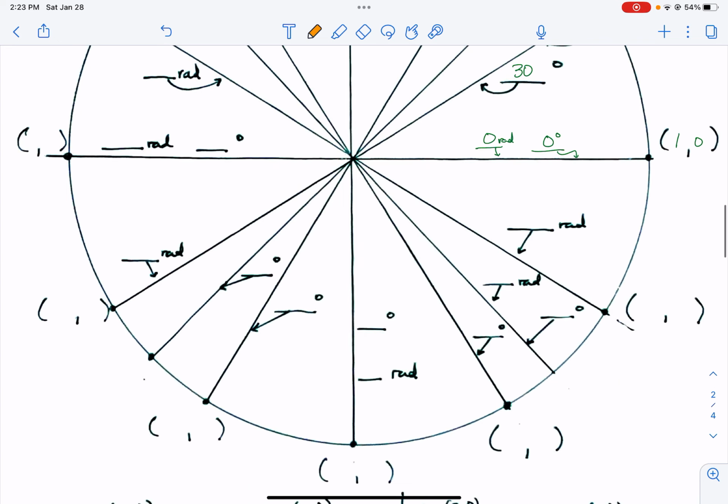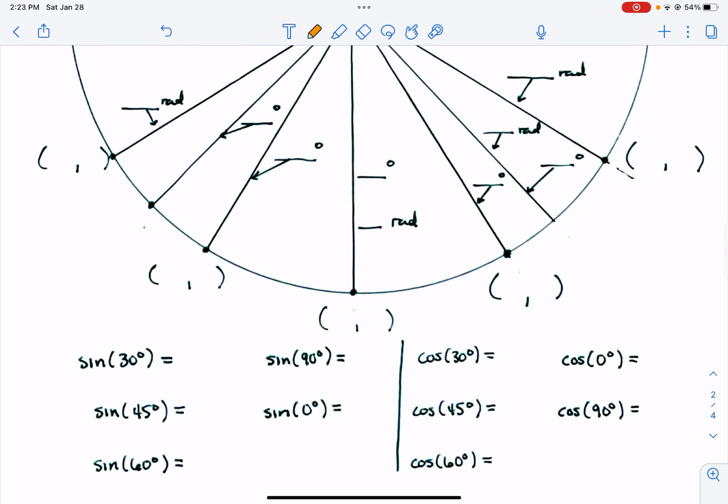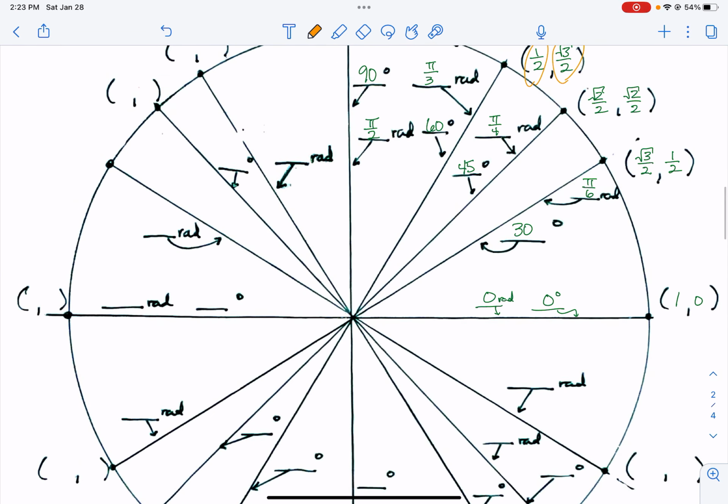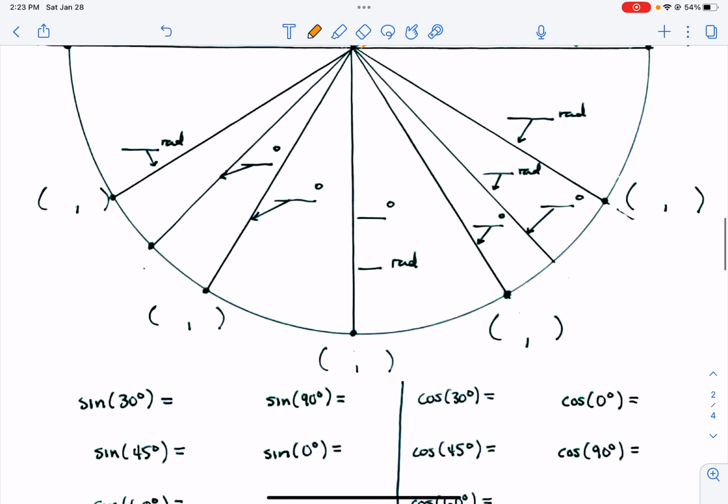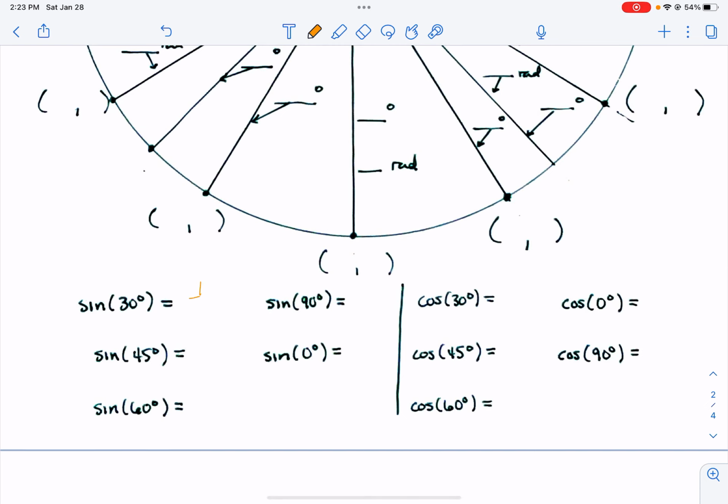So, for instance, sine of 30 degrees: go to your 30 degree angle line. Sine is going to be this one, 1/2. So I know sine of 30 degrees is equal to the number 1/2. Boom. Anywhere I see a sine of 30, I can swap it with 1/2.